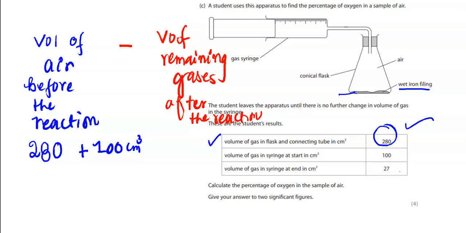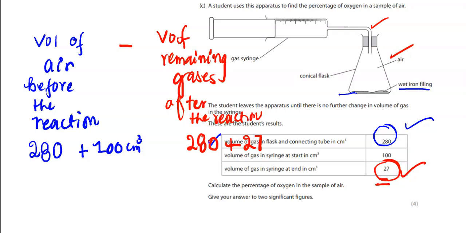After the reaction, the volume on the gas syringe has decreased, that is 27 centimeter cube, and the rest remains the same, that is 280 centimeter cube in the connected tube and conical flask, and the volume reading on the gas syringe after the reaction is 27 centimeter cube.